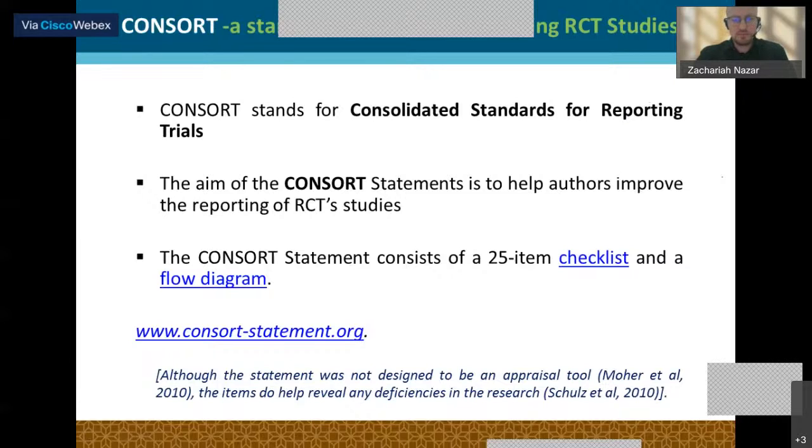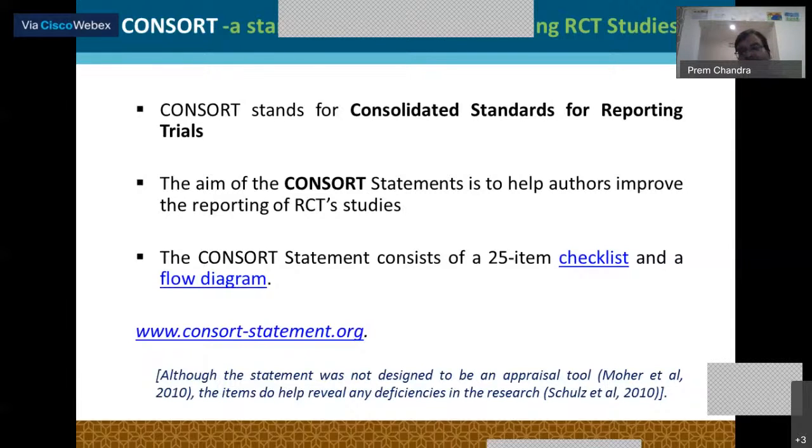After having discussed very briefly the CSP checklist and the critical appraisals, I know that we are running a little fast due to the lack of time, but if you have any questions, please feel free to contact us, and we would be happy to help you know the detail about each of the components.